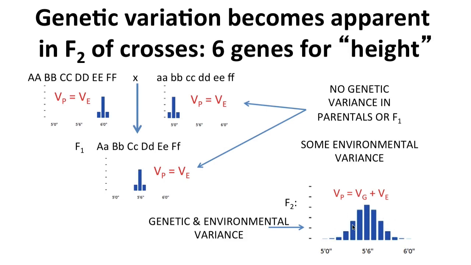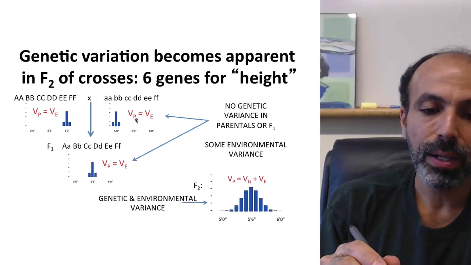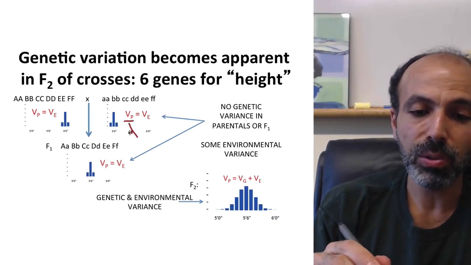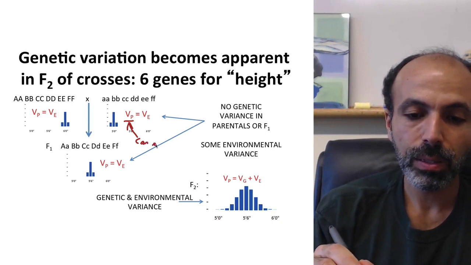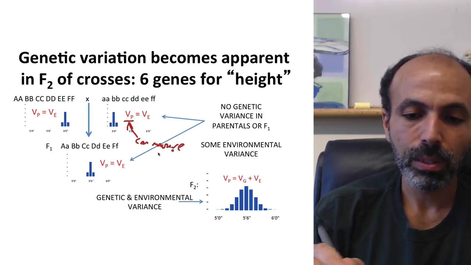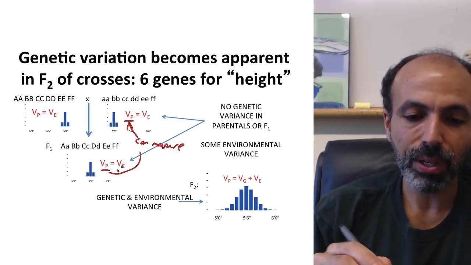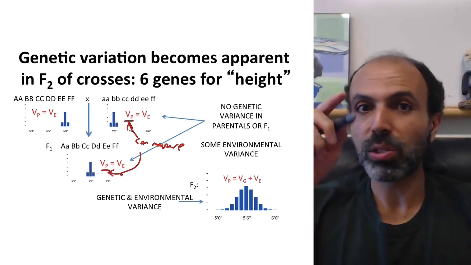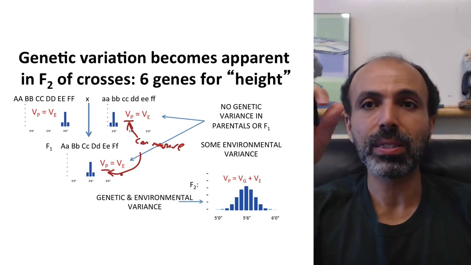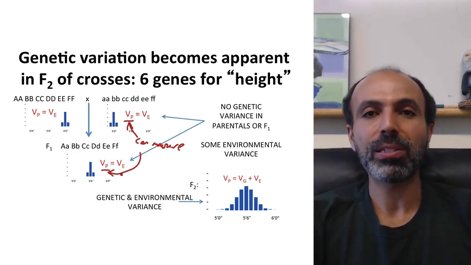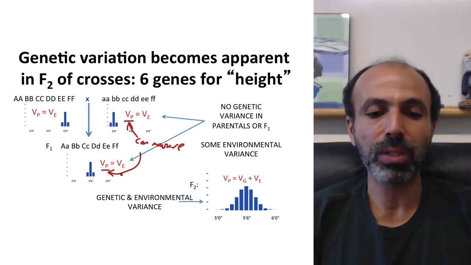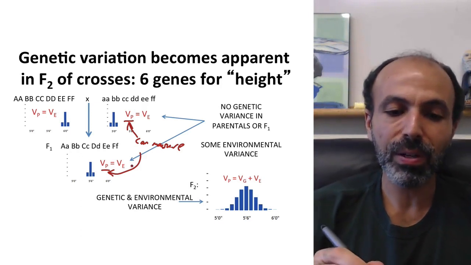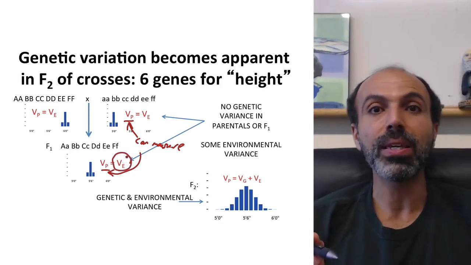Well, we can leverage this, because up here, the phenotypic variance, this you can measure. You can measure the phenotypic variance in the F1s or in the parents, right? You can measure just the way I was showing you with height, where it's the difference between individual measures minus the mean squared divided by the total number assayed. You can measure the phenotypic variance. In this case, you're getting an estimate of VE.